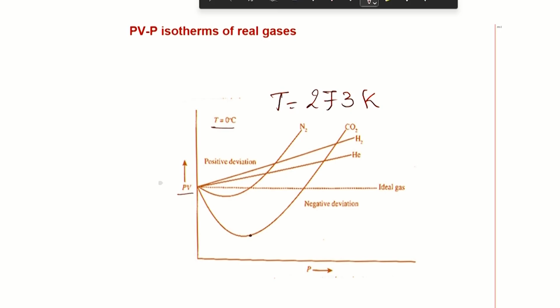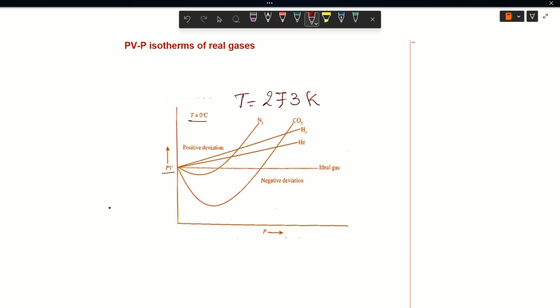The decrease for carbon dioxide is a greater one. For an ideal gas, we know that PV is equal to RT, or you can say that the product of PV should be a constant if temperature is constant.